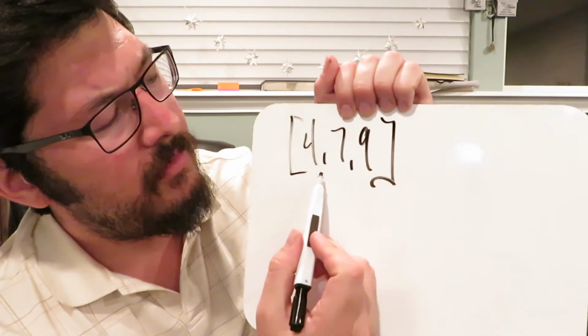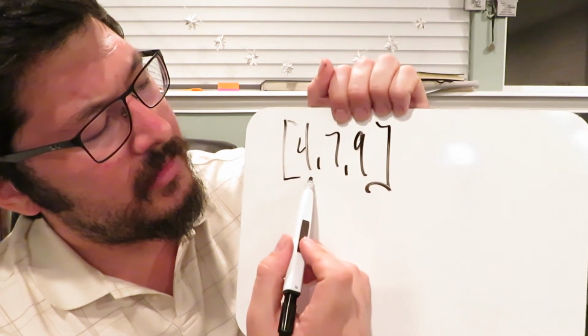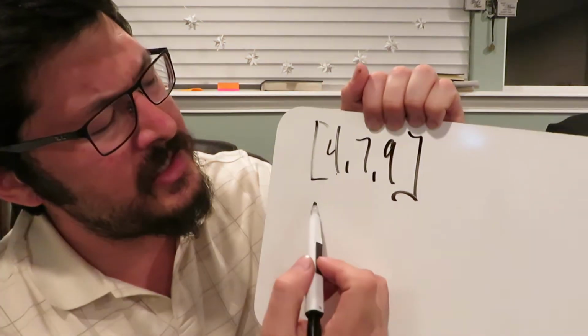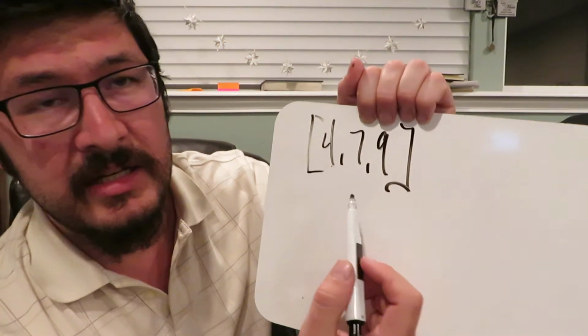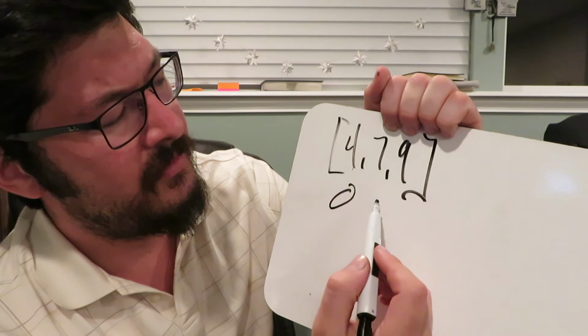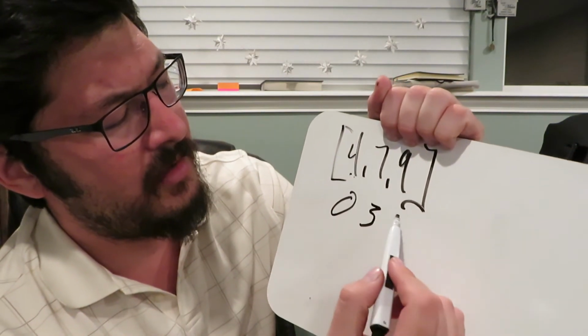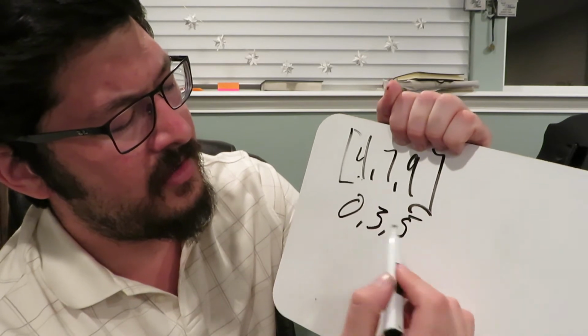Okay, 4, 7, 9. So we have to get this to 0. So why don't we just subtract 4? It's easy enough, right? 0. 7 minus 4, 3. 9 minus 4 is what? 5. 0, 3, 5.